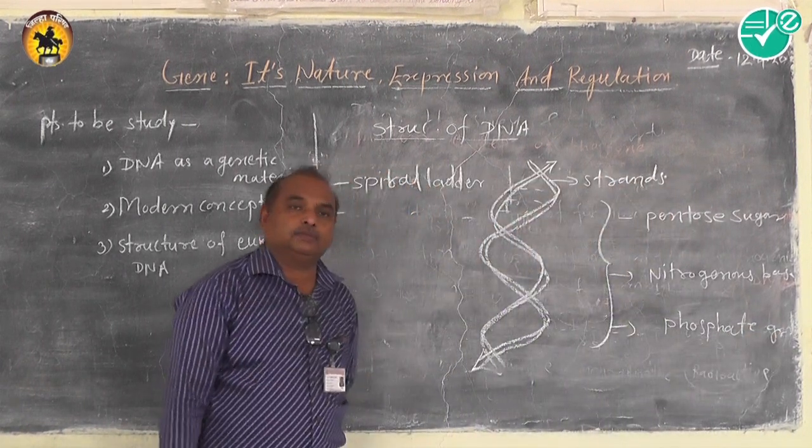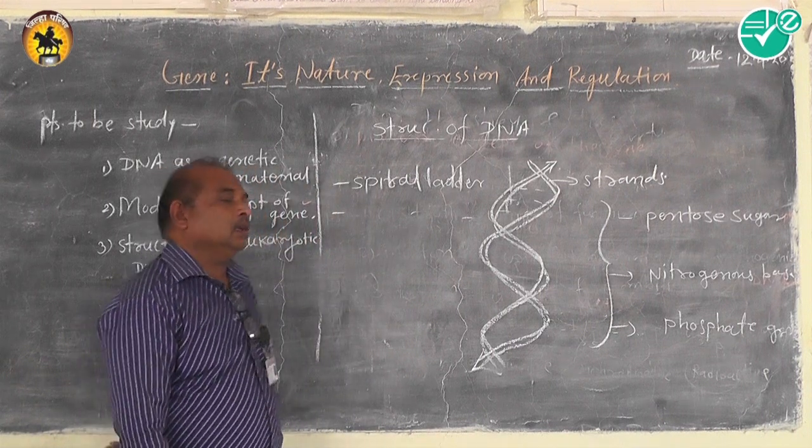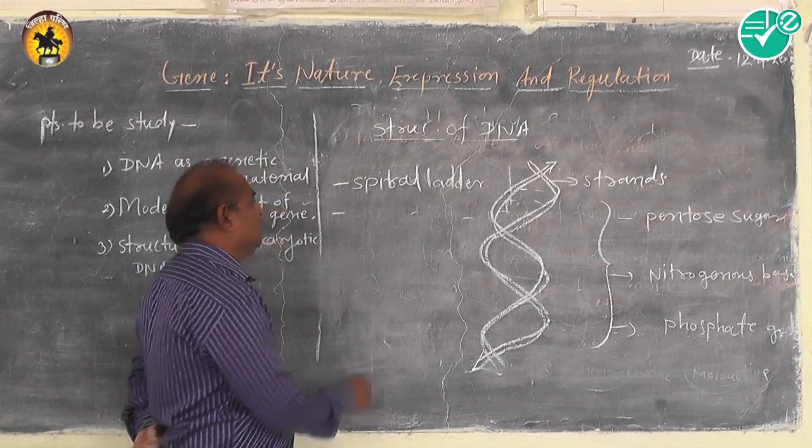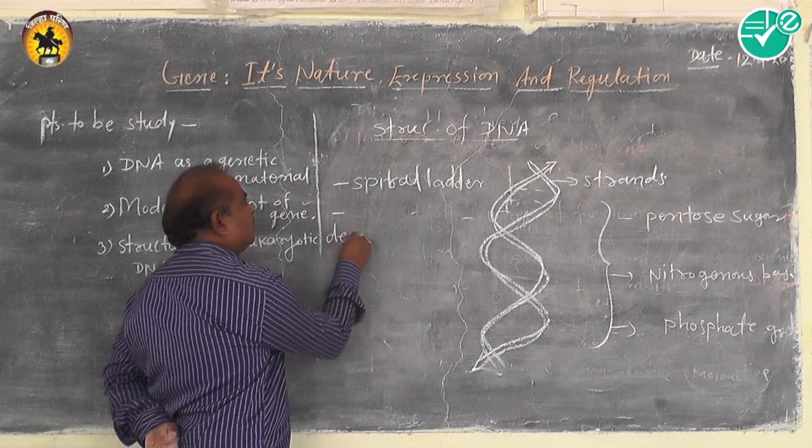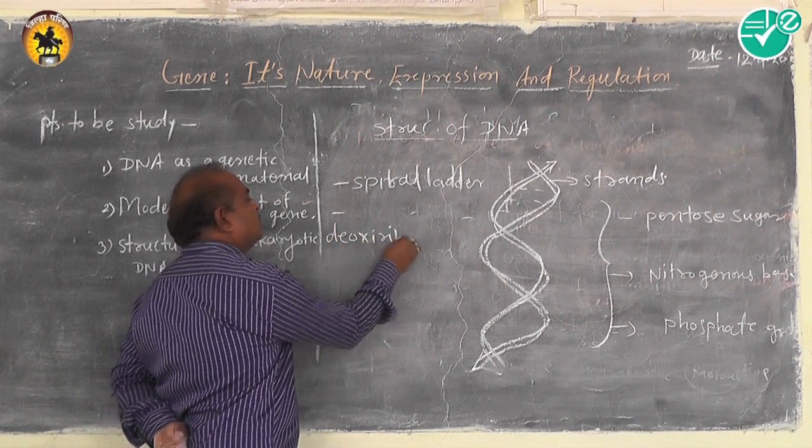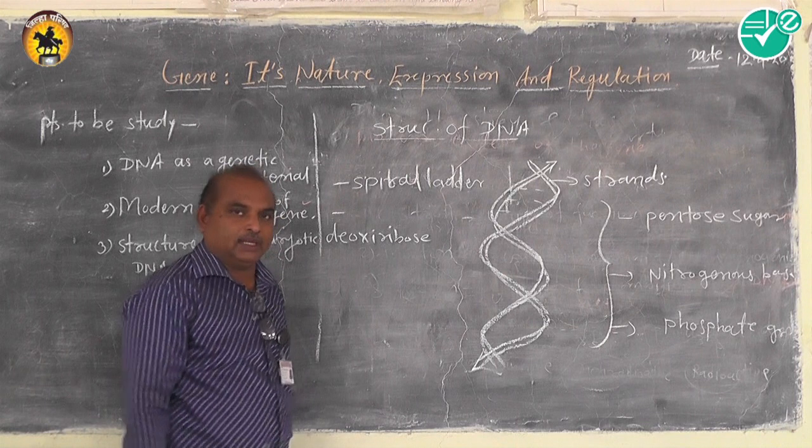Now, pentose sugar. In DNA, the pentose sugar is of the deoxyribose type.